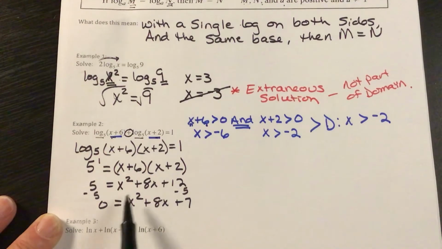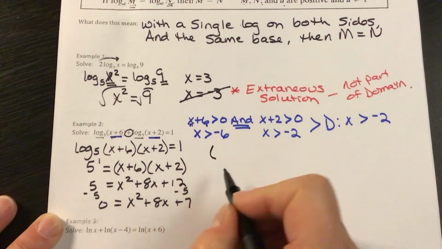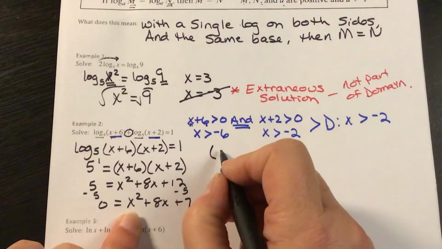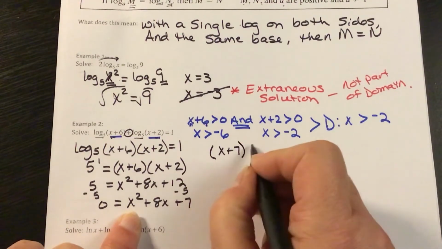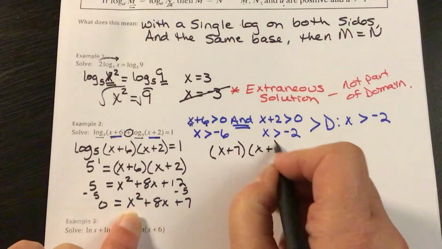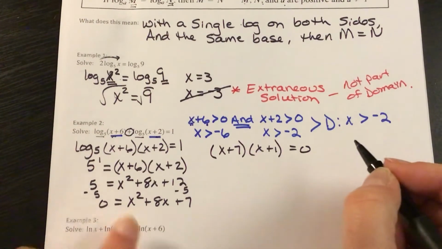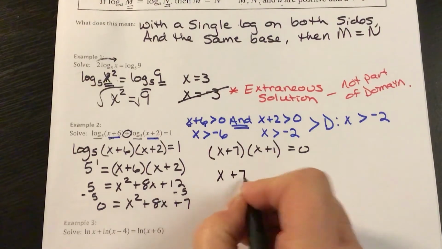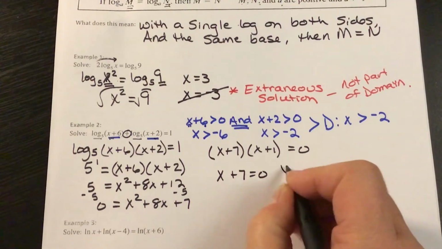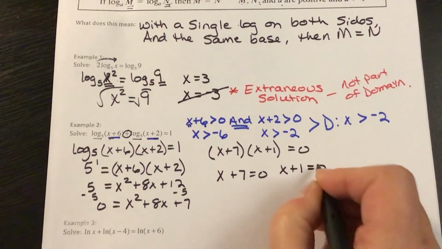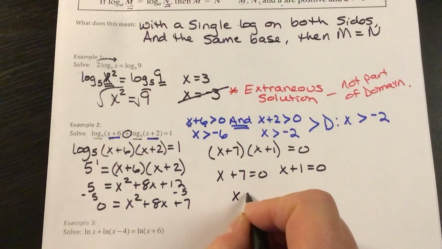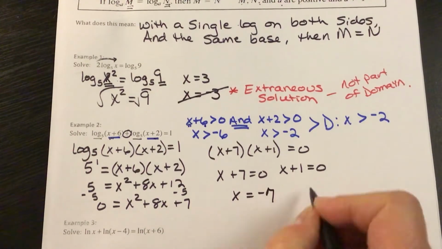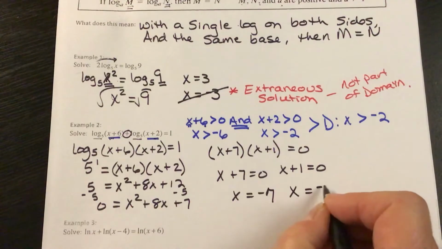And this is factorable. I can factor this into x plus 7 and x plus 1 equals 0. And my solutions would be x plus 7 equals 0, x plus 1 equals 0. So x is -7 and x is -1.